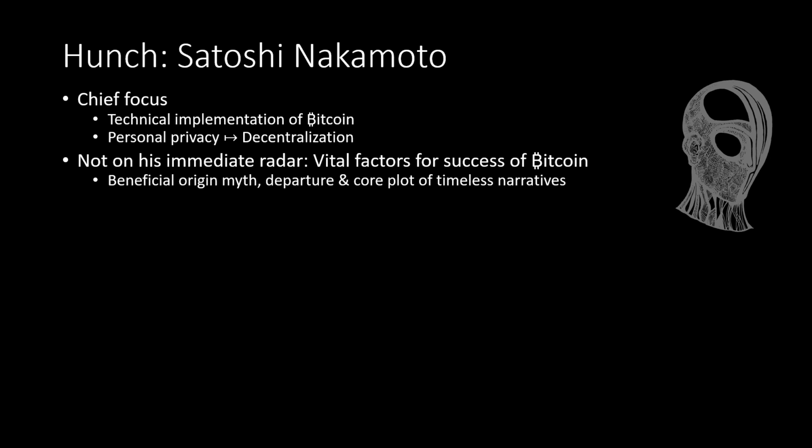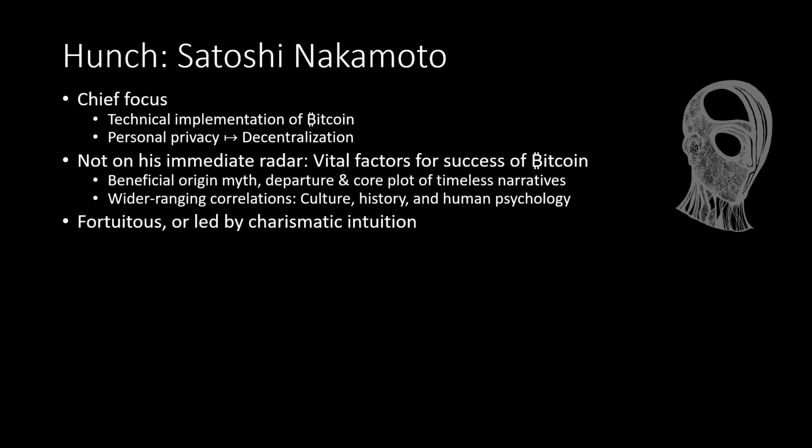So these constituents were the beneficial origin myth, his sudden departure, and these constituting the core plot of timeless narratives that have proven to be very successful in the history of mankind. I also don't think that several of the wider ranging correlations that were pointed out in this video were on Satoshi Nakamoto's map, so the cultural aspects, history, and certain features of human psychology.